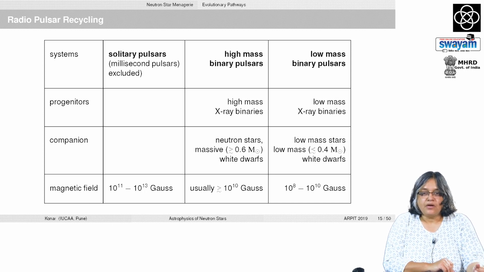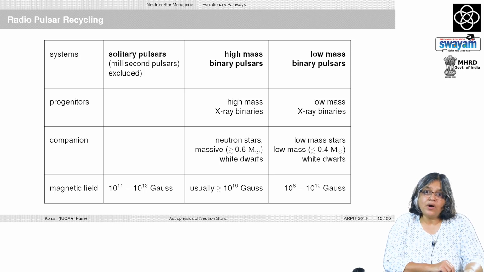Now, in high mass binary pulsars, that is the products of high mass X-ray binaries, we have neutron stars with slightly massive companions and maybe with white dwarfs, and the magnetic field is usually larger than 10^10 Gauss, and they are coming from high mass X-ray binaries.